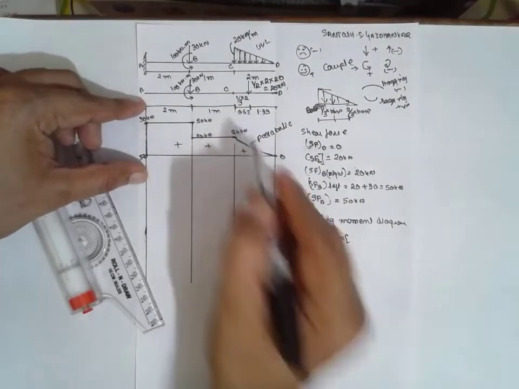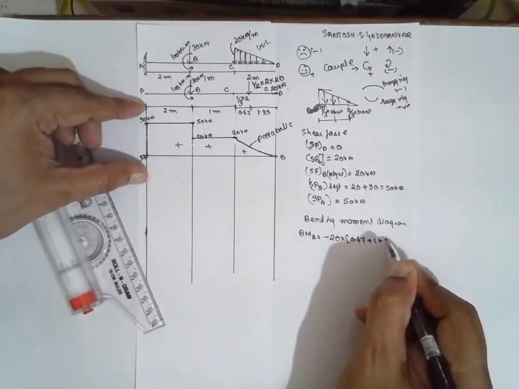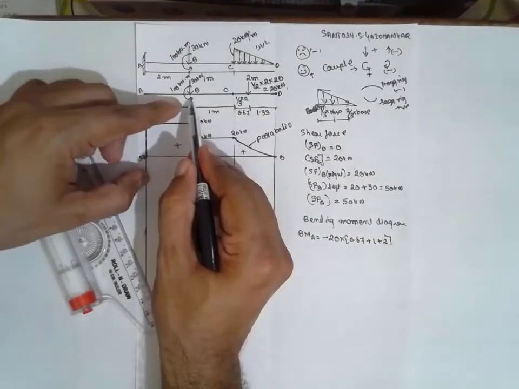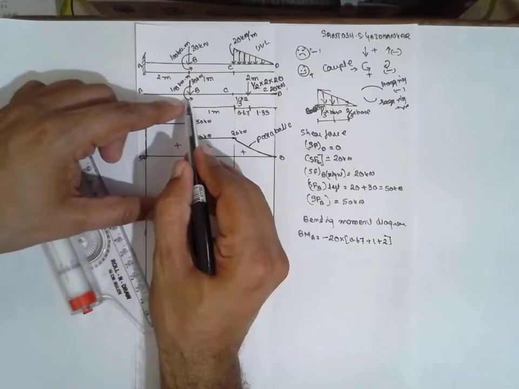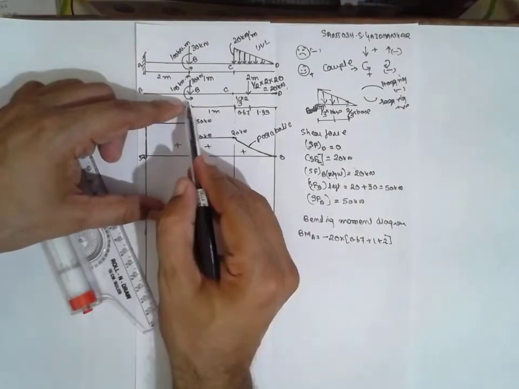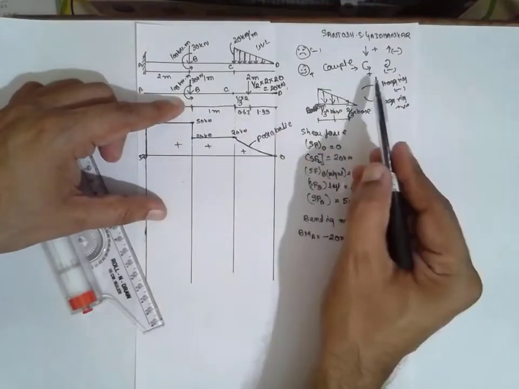Distance will be 0.67 plus 1 plus 2. Now there is a couple here. Couple has to be considered during bending moment, and couple has to be avoided in shear force. I have considered the couple.